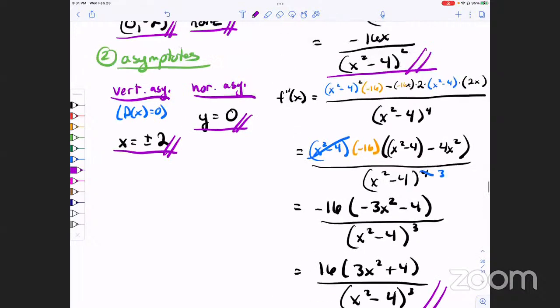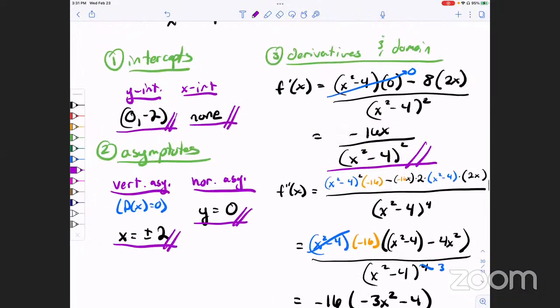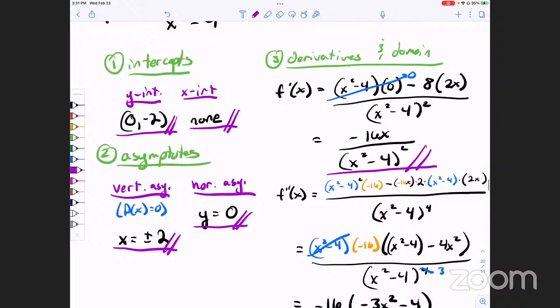Those are going to create zeros in the denominator. We can't divide by 0. And now we can use the first derivative to talk about increasing, decreasing, and extrema, like max and min.